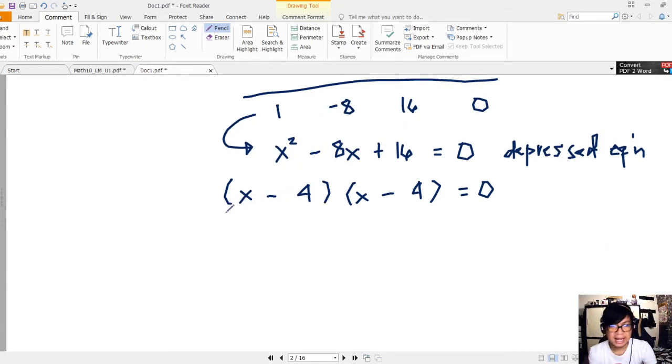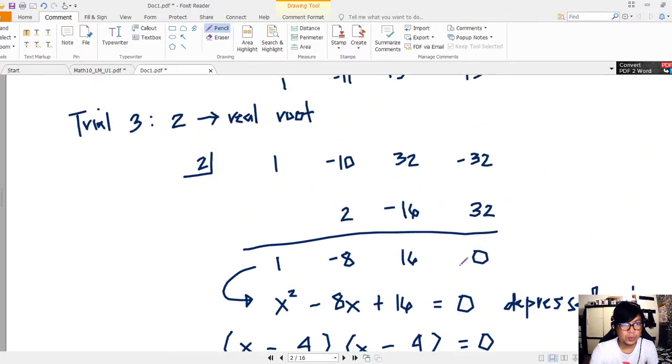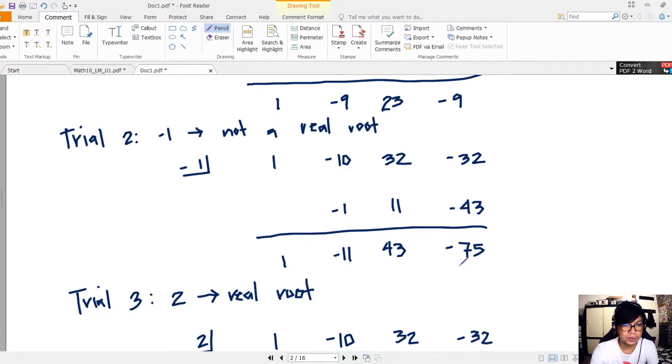After that, pwede na natin ma-identify yung values ng ating x or yung ating real root. So the first one is x minus 4 is equal to 0. And the other one is ganun pa rin. X minus 4 is equal to 0. So x is equal to 4. And the other one is x is equal to 4. Ibig sabihin, na-identify na natin yung ating tatlong real roots na hinahanap.